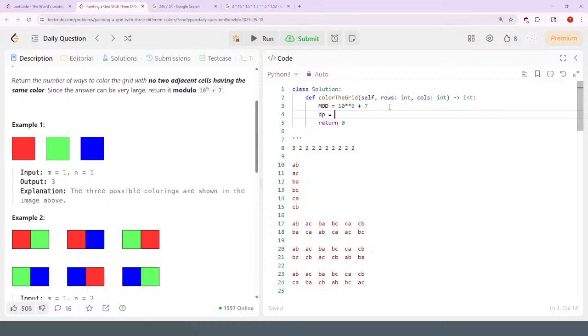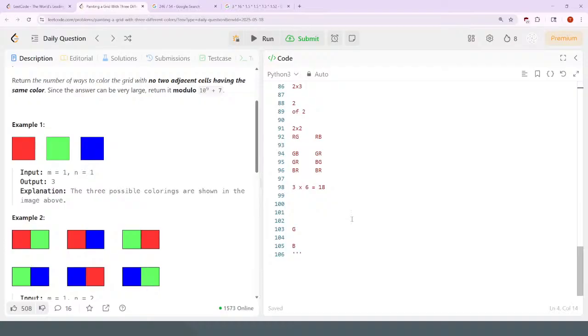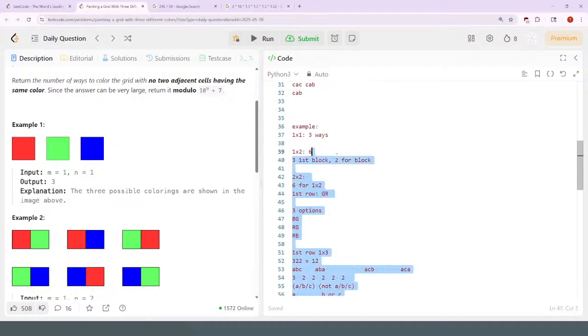Okay, so I need a matrix where the matrix stores the number of ways to get up to that point as the bottom left corner, the number of ways to get to that point, bottom left corner being a certain color, I think. Okay, maybe I'm jumping too far ahead. So what is this?